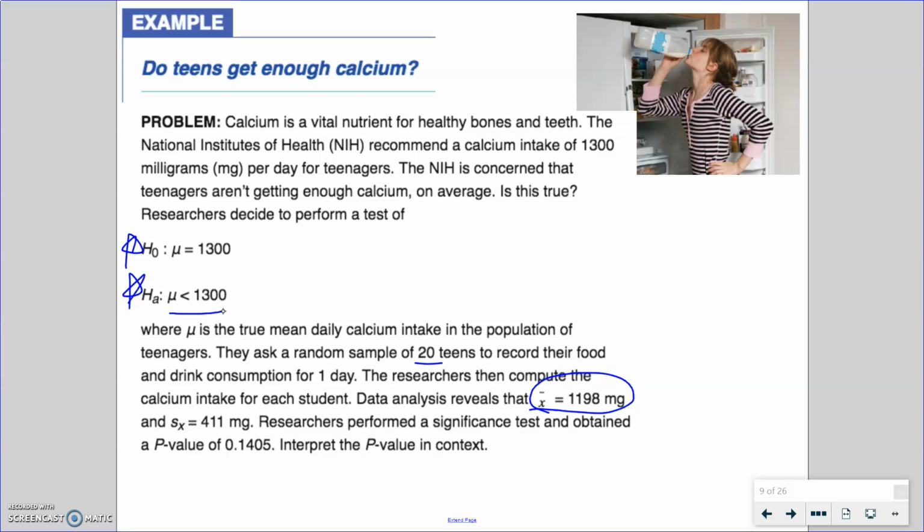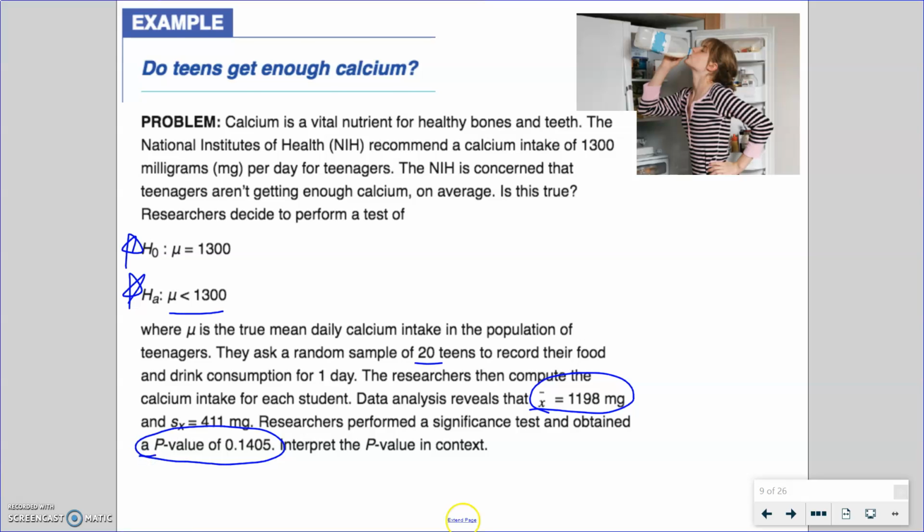So we need to survey 20 teens over and over again to get almost like a dot plot of a lot of data. And what they did was they ended up getting this p-value. It's basically the probability, so we'll talk about that in a second, a p-value of 0.1405.